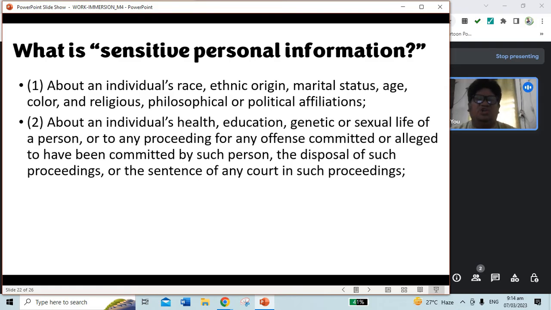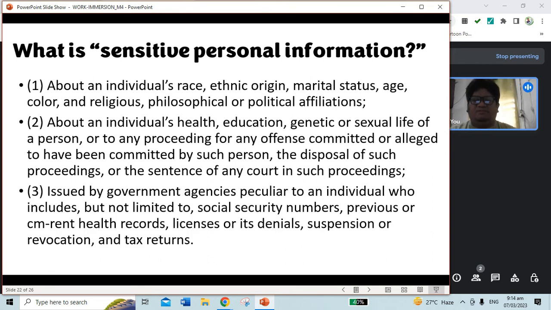Individual's health, education, genetic or sexual life of a person, or any proceeding for any offense committed or alleged to have been committed by such person, the disposal of such proceedings, or the sentence of any court in such proceedings. Issued by government agencies peculiar to an individual, which includes but is not limited to social security numbers, previous or current, health records, licenses or its denials, suspension or revocation, and tax returns.